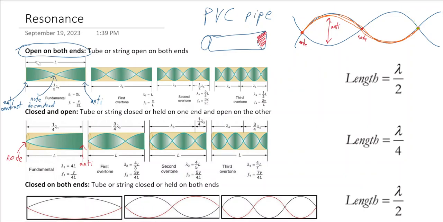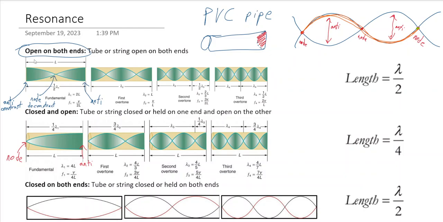So going from node to node is actually just half a wavelength, because you have to skip a node to get all the way across. Same thing from antinode to antinode, this is only half a wavelength.